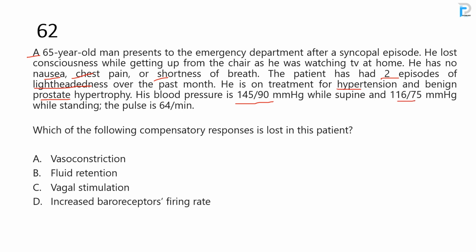116/75. Once we see readings for the blood pressure on change in posture, like supine and standing, that already is a clue for you that there is a postural change in the blood pressure.